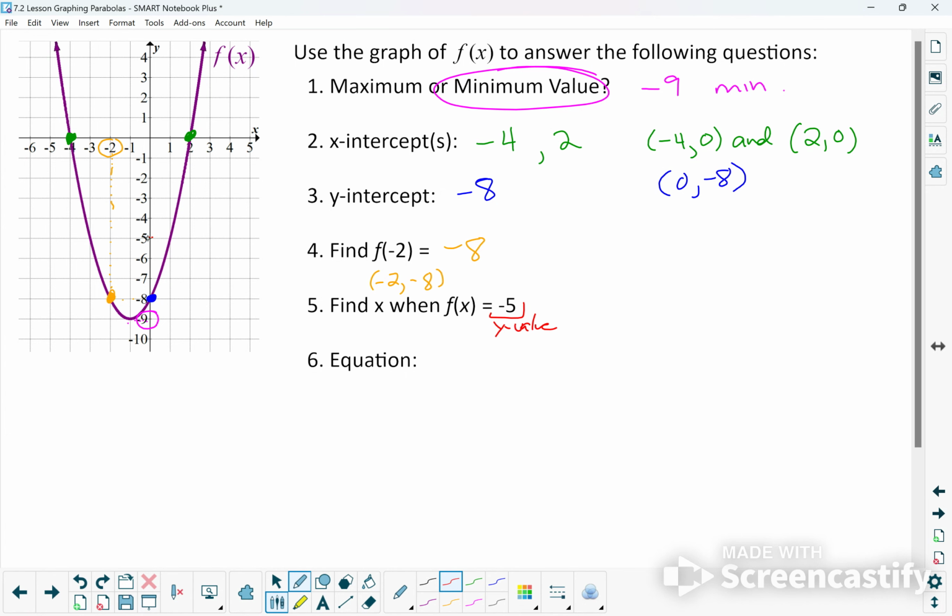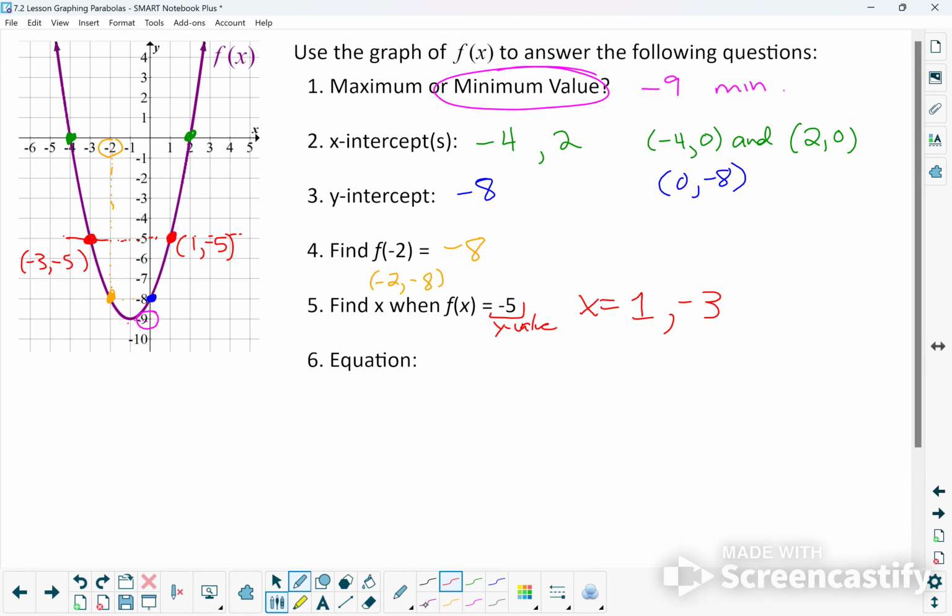Well, a y value of -5 is here, and we actually can see that we have 2 spots on the function where the y value is equal to -5. We have an x value of 1, and we have -3 associated with -5 as well. So our 2 answers for x are 1 and -3, and you should look for both of them on a parabola.